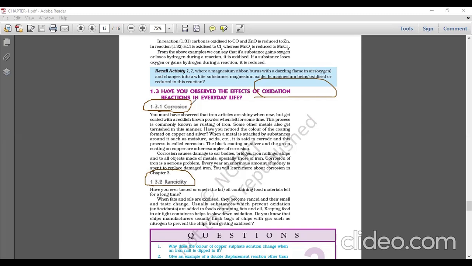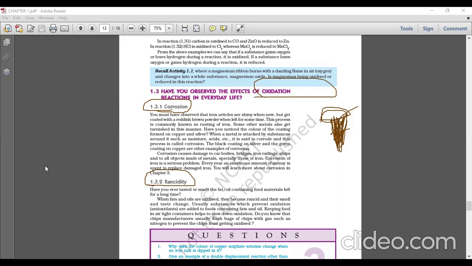Corrosion means suppose any metal object, say an iron nail, is exposed to moisture in the atmosphere. What happens? Its color becomes dull and changes into brown, because a layer of oxide forms. Similarly, copper reacts with oxygen and forms copper oxide. That is called corrosion. Same with silver, forming silver oxide.